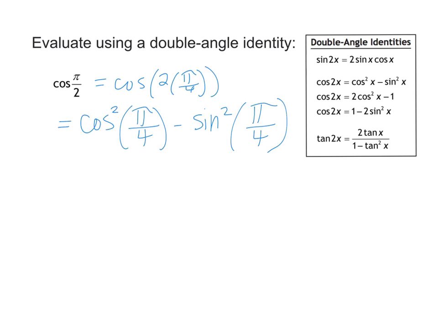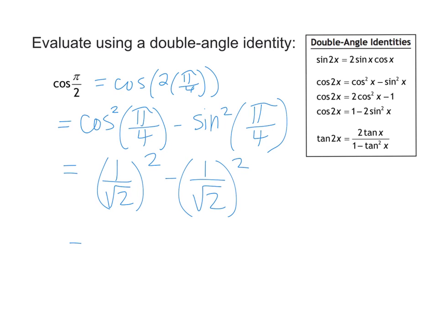Cosine of pi over 4 is 1 over root 2. So this is just 1 over root 2 squared minus sine of pi over 4, which is also 1 over root 2, squared, which is equal to, what's 1 over root 2 squared minus 1 over root 2 squared? 0.